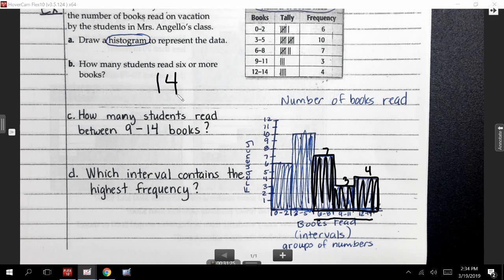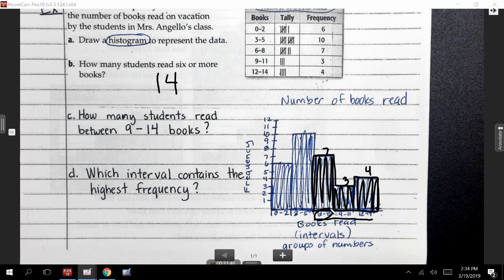Okay, questions about B. Do y'all see how I use that graph to fill in those numbers? So when it's 6 or more, you add up all the things. I'm going to add the ones I need. If it had said how many students read 6 to 8 books, then I could just look at that one thing.